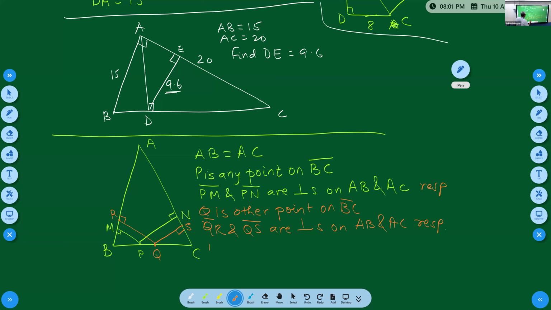Prove that PM plus PN is equal to QR plus QS.